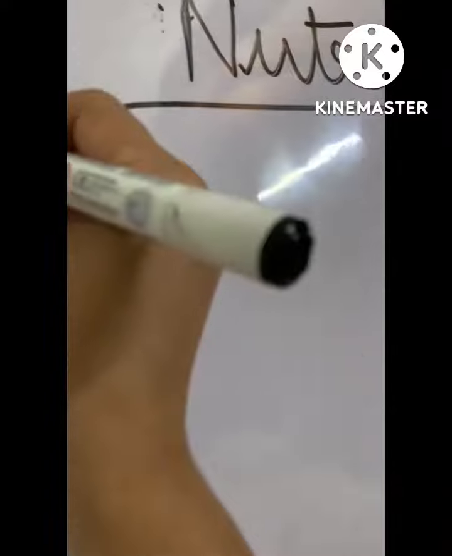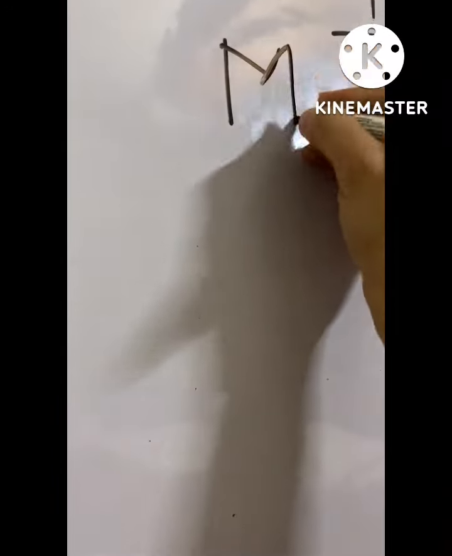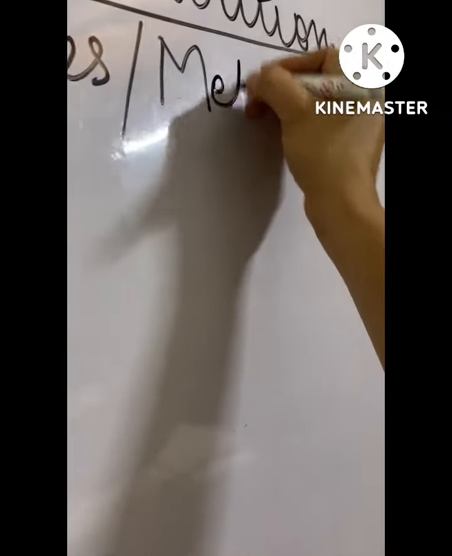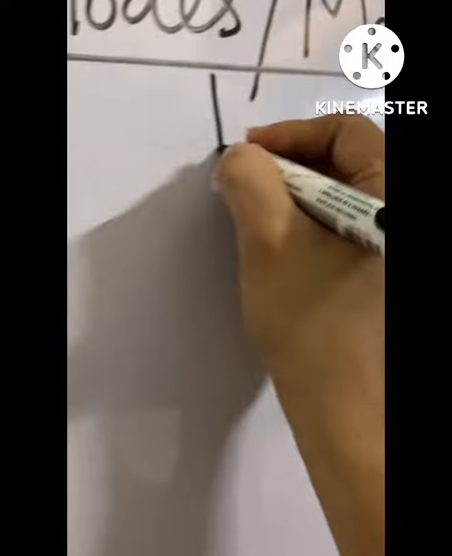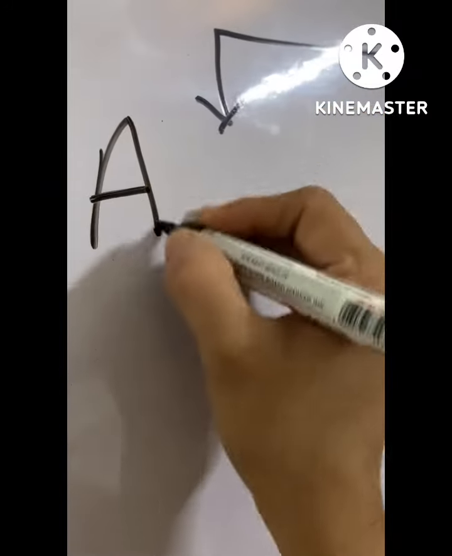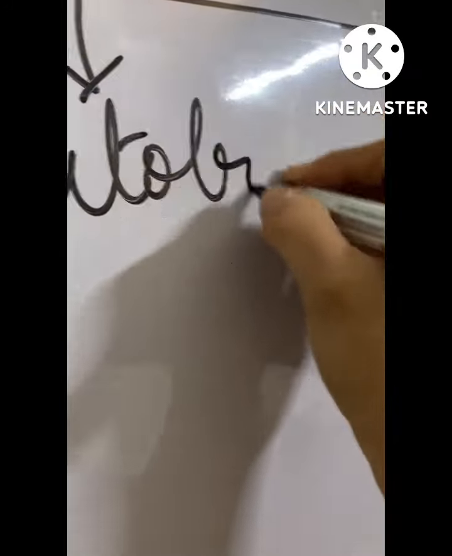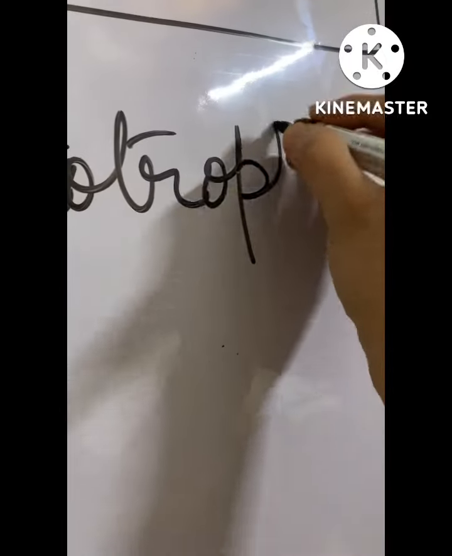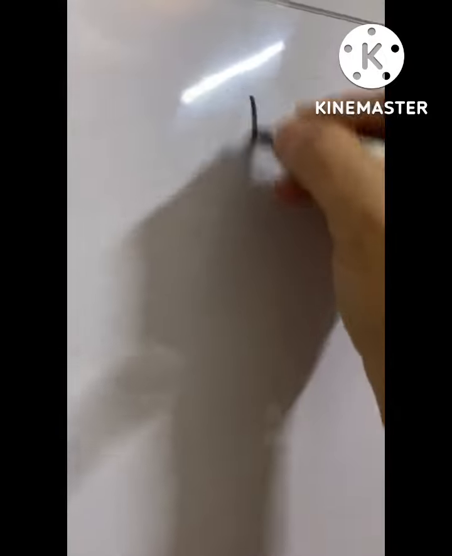They are known as modes or methods of nutrition. The modes of nutrition can be two types, broadly speaking: autotrophic and heterotrophic.